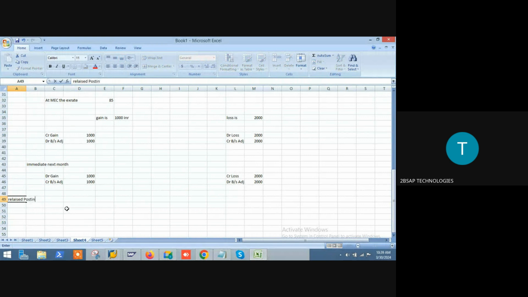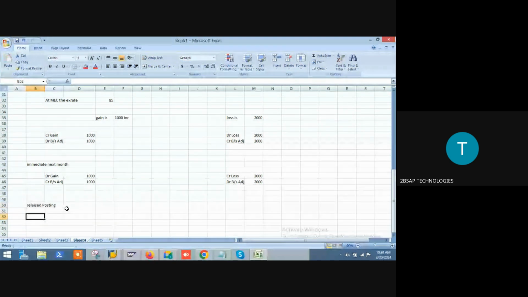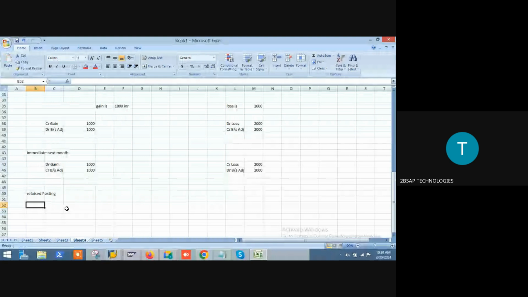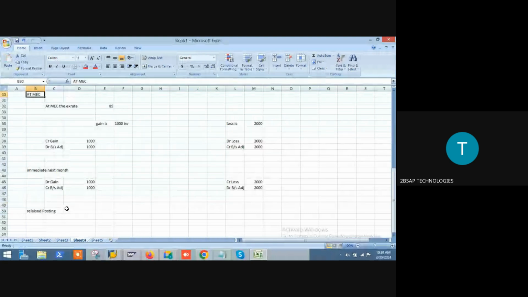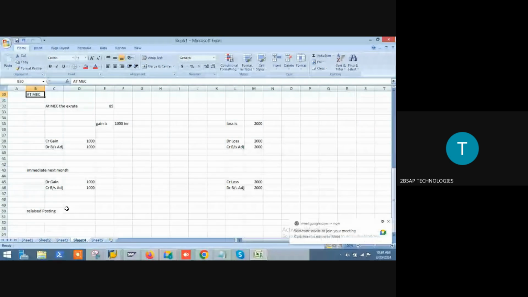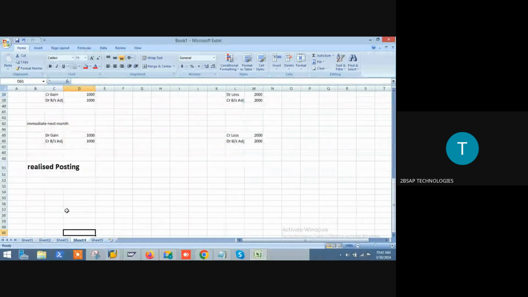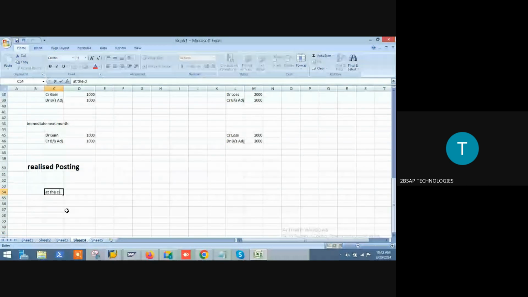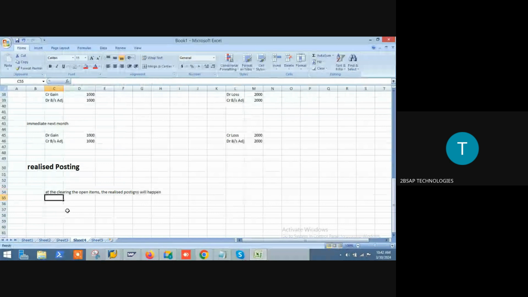Realized postings. So just write down this MEC entry. This MEC entry is from an interview point of view also. You can explain the same, sir. No changes at all. Write down, sir. Realized posting means at the time of clearing, at the time of posting, your realized entry will happen.